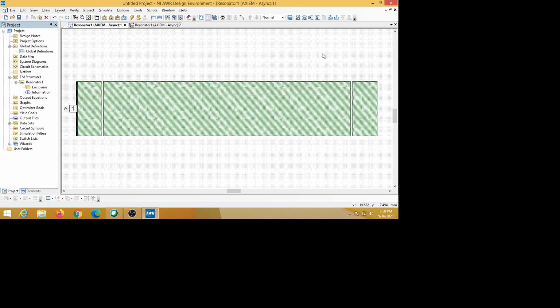Similarly, take one more, and before that select this edge, as we are putting port 2 here. Click over that edge. Port 2 here. So this is port 1 and this is port 2.